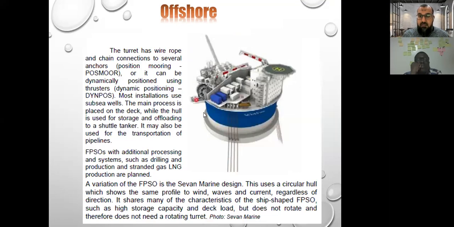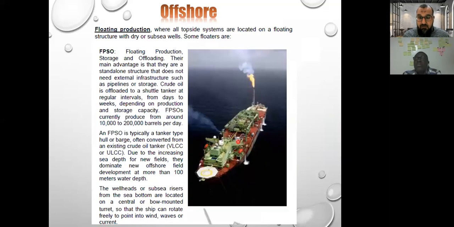Here, this is underneath the floating rig. The turret has wire rope and chain connections to several anchors. This actually allows dynamic positioning and mooring. They can be flexible. It can move and rotate. This allows movement and rotation of this FPSO.